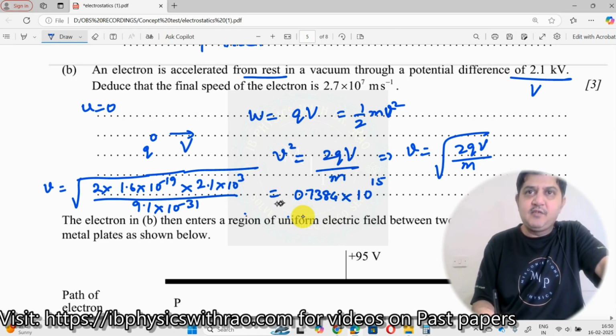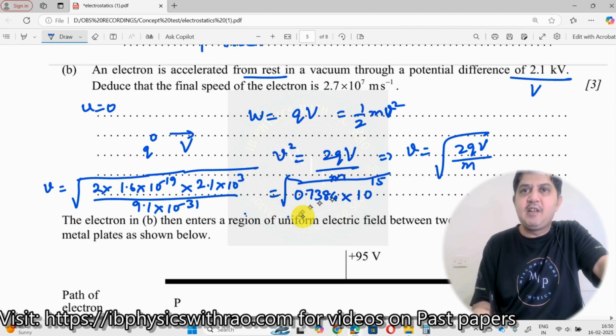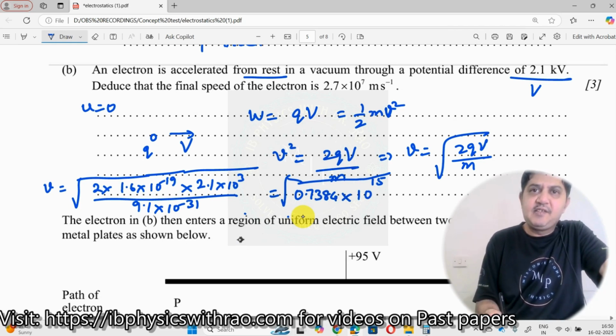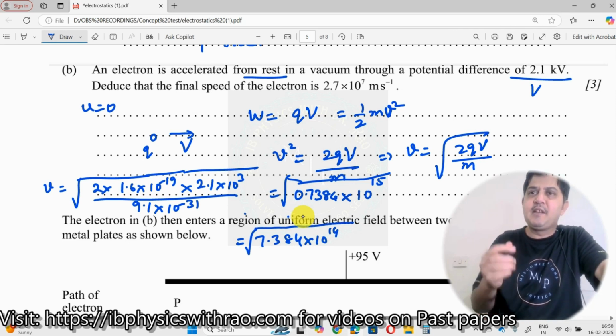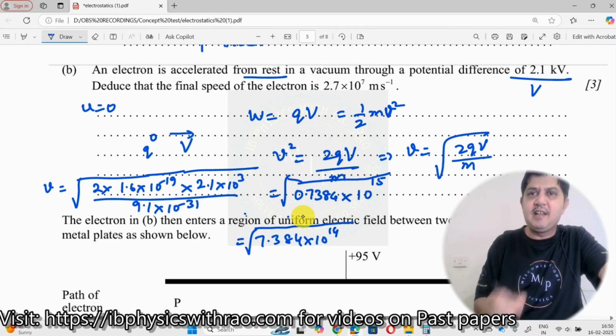And this is the square root. We'll put the square root over here. Now doing this in a calculator will be very difficult, so I'll write this as 7.384 into 10 to the power of 14. I write it like this because 10 power 15 means I have to add 15 zeros, which is very difficult for me to do in my calculator.